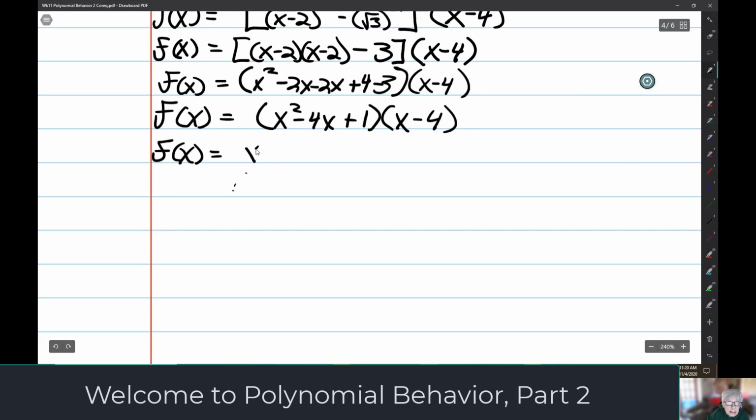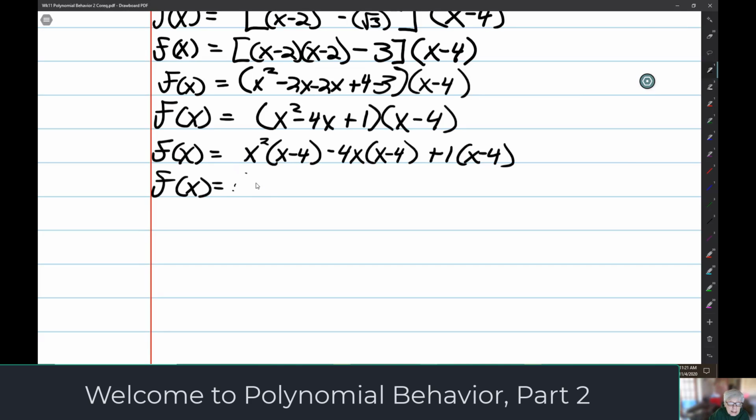So I will get x squared times x minus 4 minus 4x times x minus 4 plus 1 times x minus 4. And now it's just all calculation, normal kinds of calculation from here.